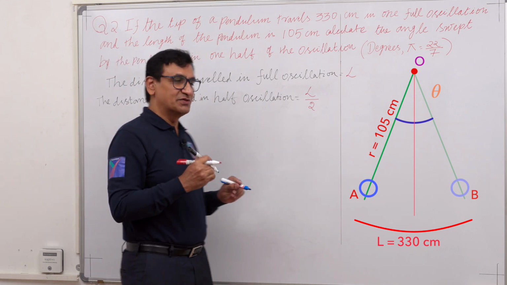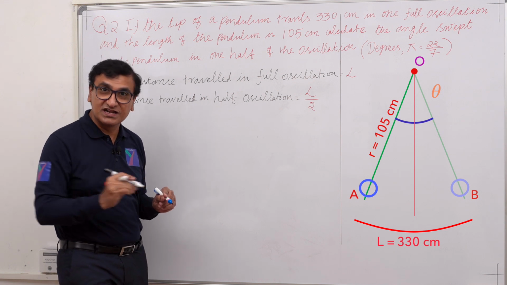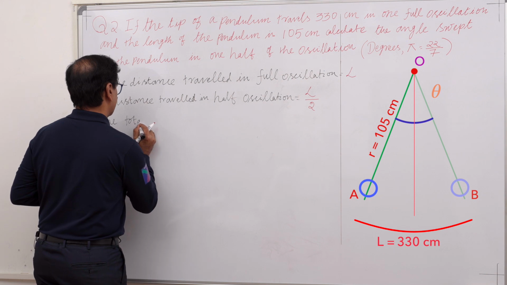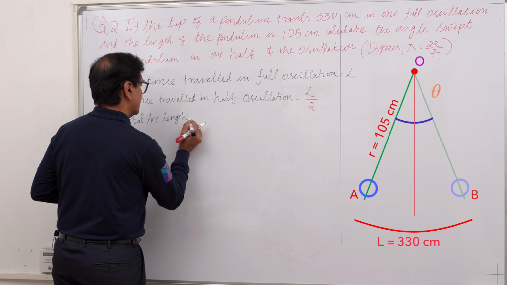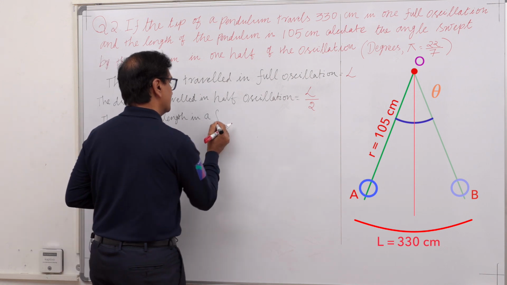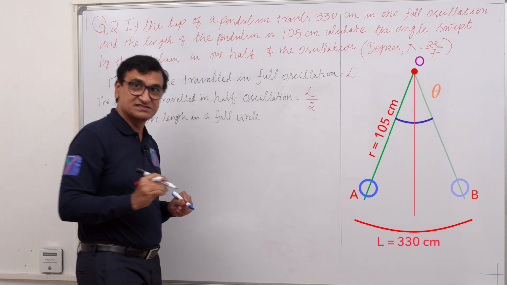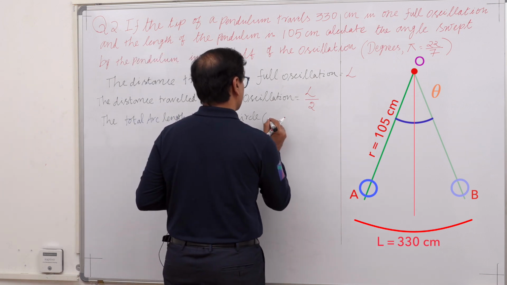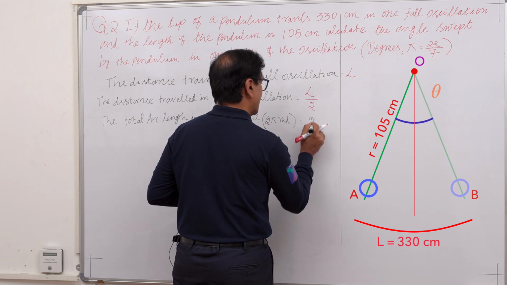How do we get it? Because the total arc length in a full circle, that is, the full circle is 2 pi radians, correct? That is 2 pi radians equals 2 pi r, correct?